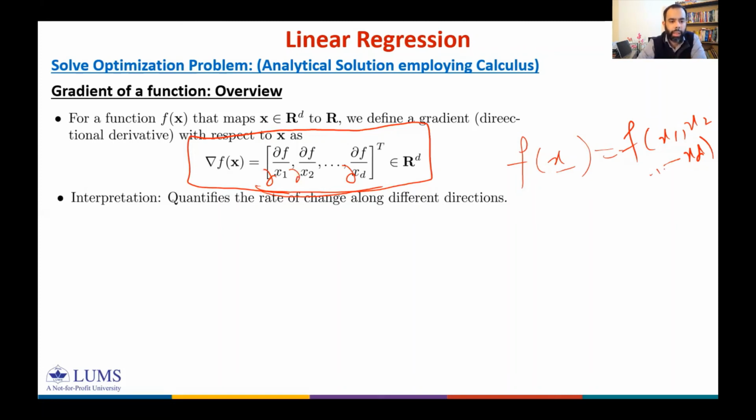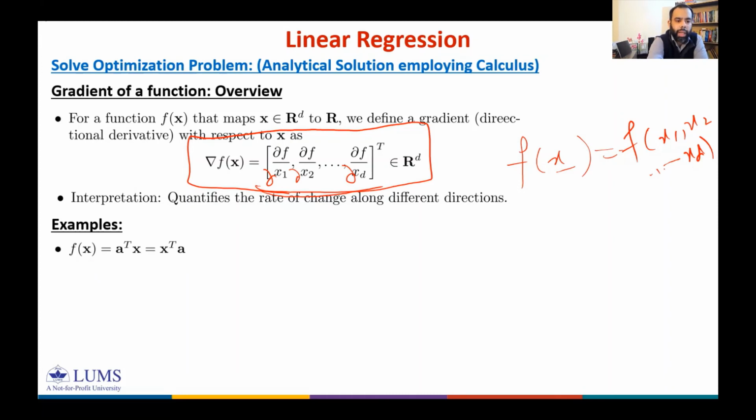Okay, and to further strengthen this concept, let's take a couple of examples. We take a very simple example. So we have a function of x. For some a, you get an inner product of a with x. So this function takes input x and returns the inner product between a and x.